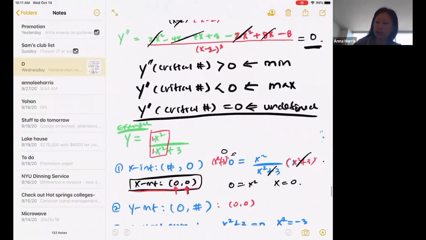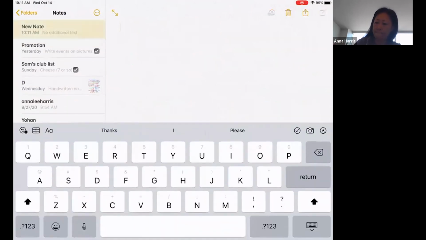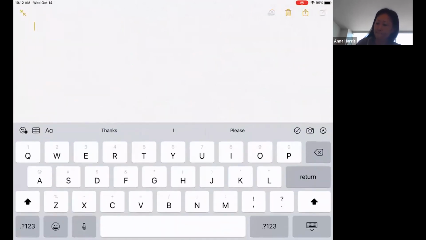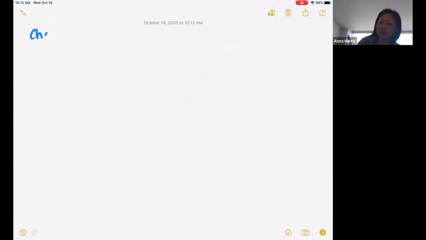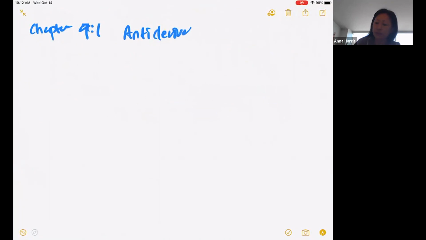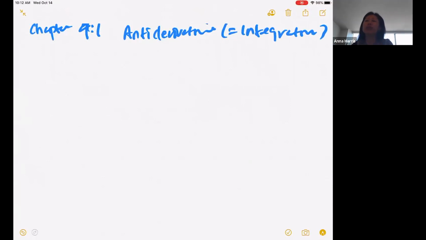Let me just start a new notebook. So chapter 4.1, we're going to do antiderivative, which is the same as integration. Okay, so that's what we're doing.